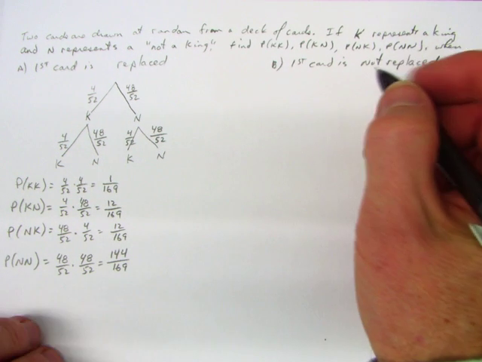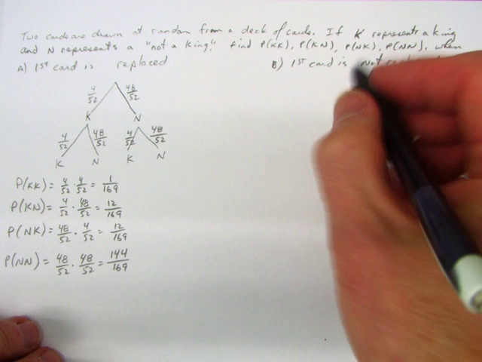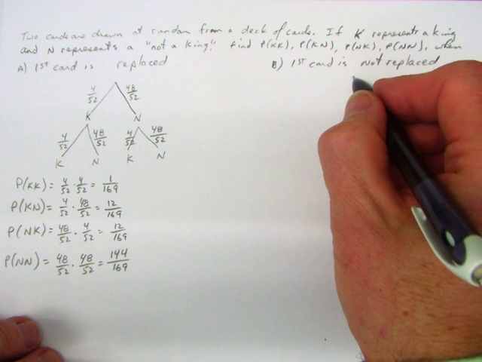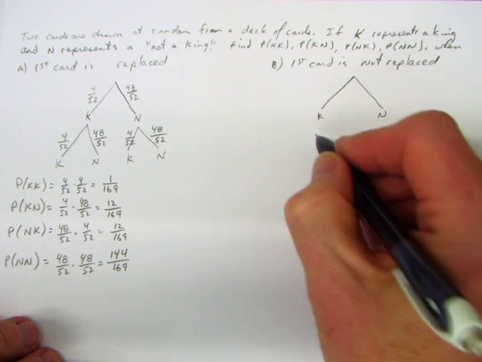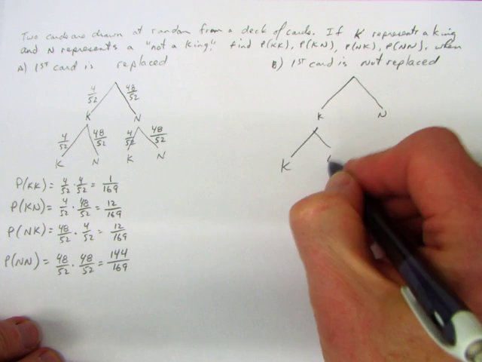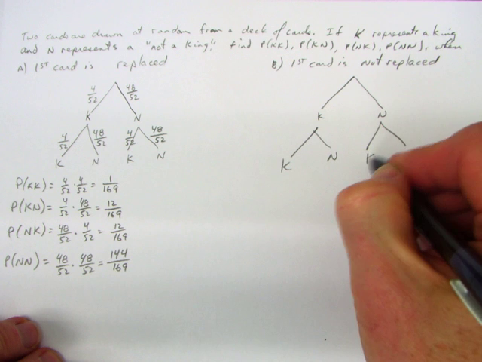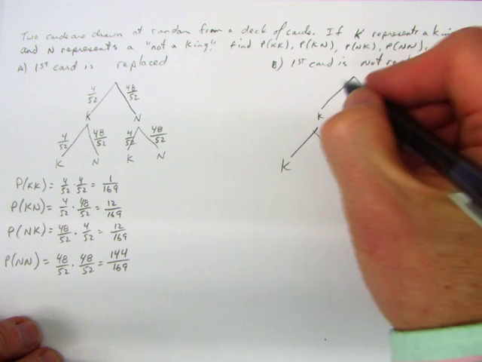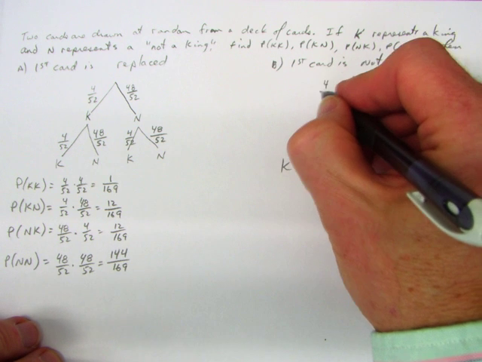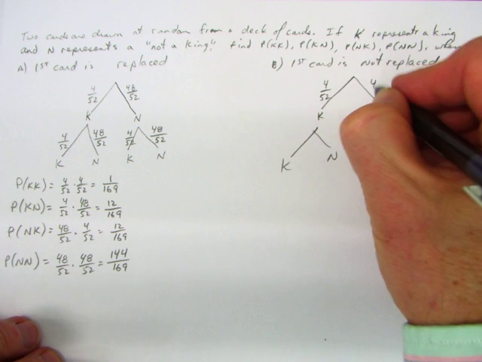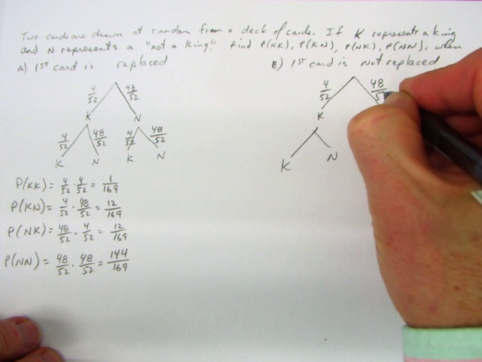Now let's see what happens when the first card is not replaced. In our first event of drawing the cards, we still have king and no king. And on the second one, king, no king, king, no king. And when we draw our king, how many kings are there in a standard deck? 4 out of 52, so just like we did before.